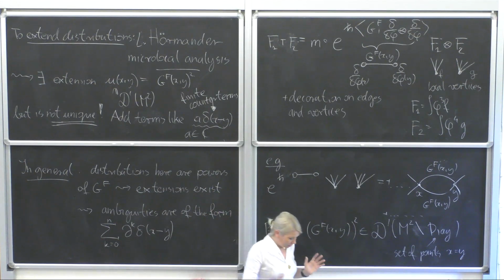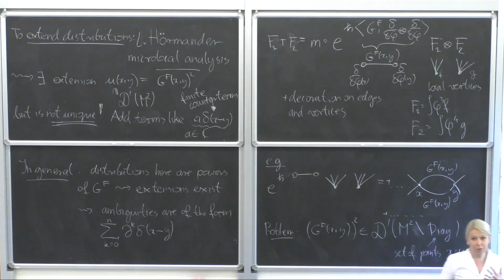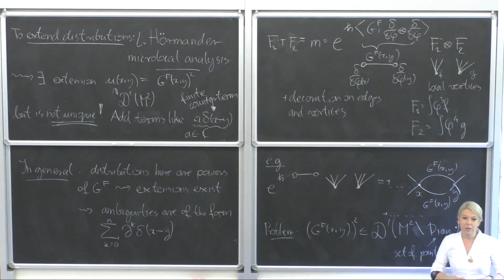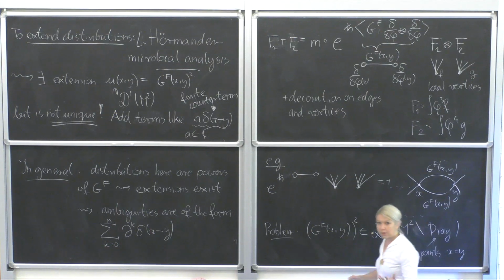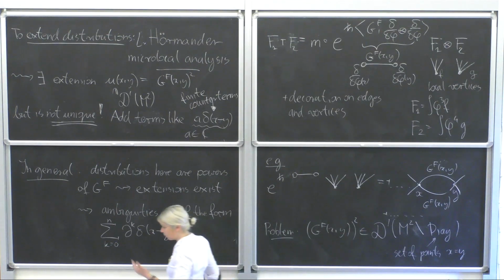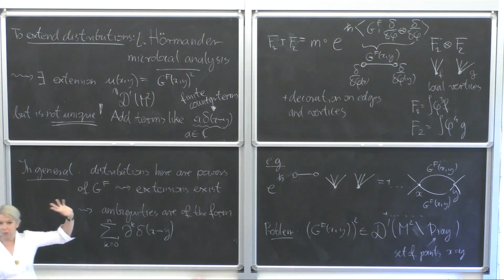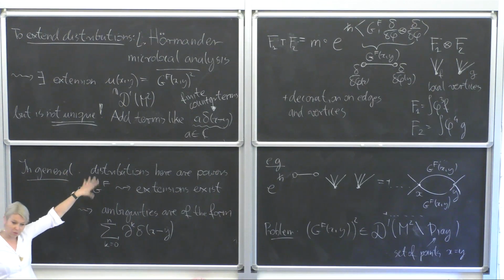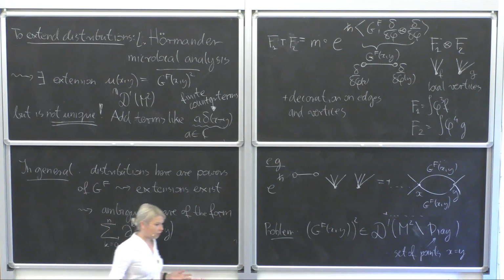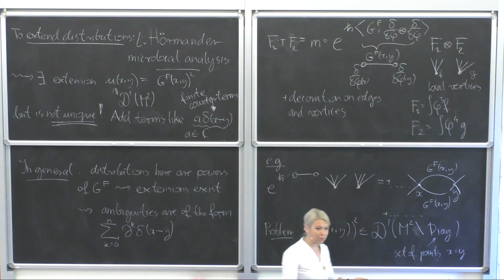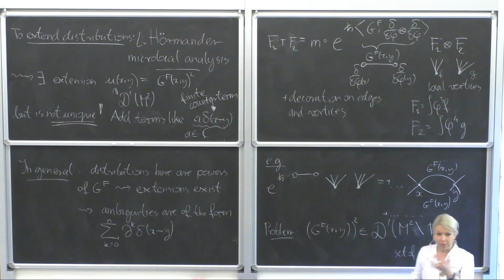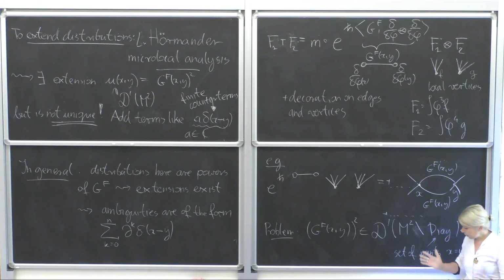But in principle, none of this is restricted to Minkowski. You can do it on general manifolds. Typically you do it on globally hyperbolic ones, because this is the whole story. But the results of Hörmander, if you read to the end, all work on manifolds of any type.